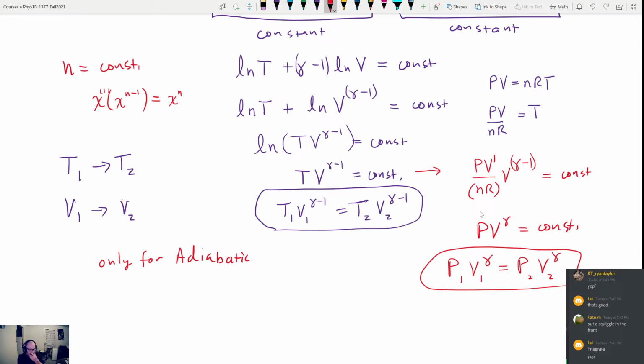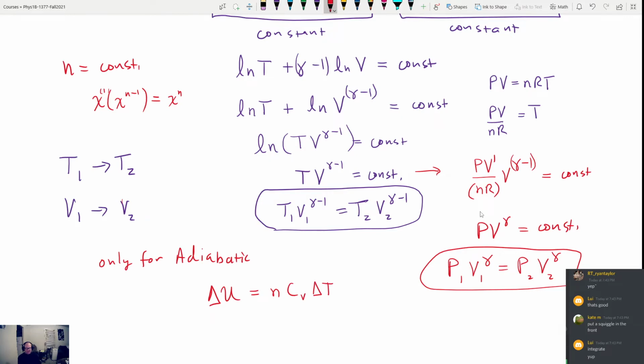All right. Now, the next thing we can do is find the work done in this process by saying that we know Q is equal to 0, and we know delta U, which we set from above, was equal to nCV times the change in temperature.